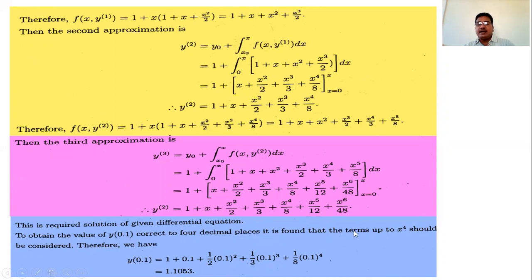So consider the terms up to this, substituting x as 0.1 up to the last term, 0.1 raised to 4 divided by 8, and then we have the answer 1.1053.